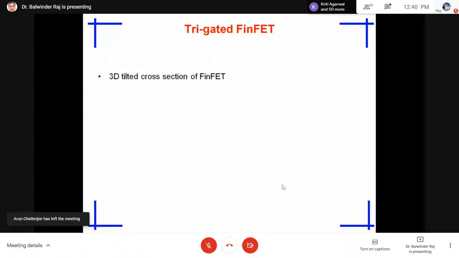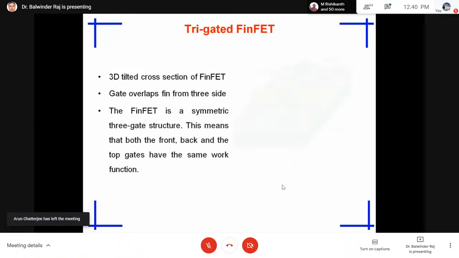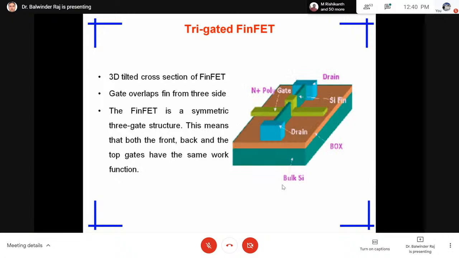So let's further discuss a tri-gate FinFET. This is a structure for the tri-gate where we have a front gate, back gate, and top gate. So on these three sides, we have the same oxide thickness, maybe 1 nanometer, and on the bottom side, if we have a high oxide thickness of maybe 5 nanometer or 10 nanometer, then this is a tri-gated FinFET, and this structure is highly used, we can say, specifically for logic design.